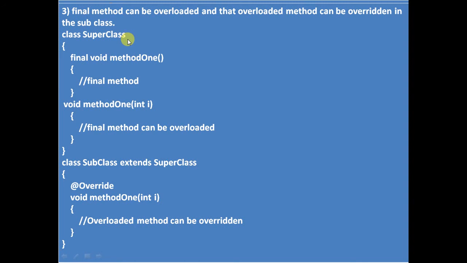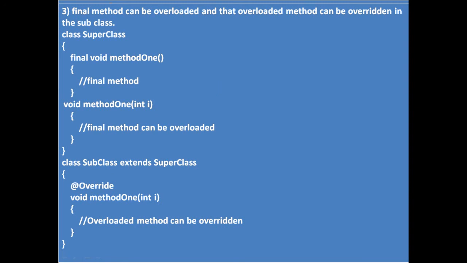Suppose we have a class superclass. In that superclass, we can create a final method, final void method1. In the same class, we can create another method with the same name method1, but the parameter should be different. So here we are passing one parameter, here we did not pass any parameter. Here we create a final method, here we remove the final keyword. So these methods are overloaded.